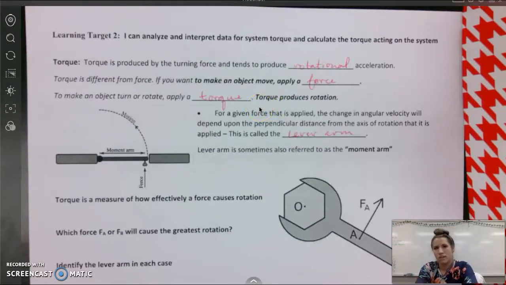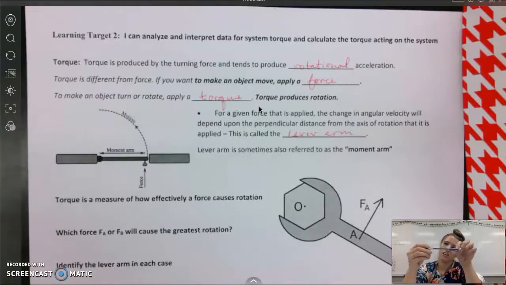Torque is the perpendicular component of the force, but there's another side of this. It's not only how hard I am pushing, and not only the angle of where I'm pushing, but where I'm pushing in relation to that rotational motion.